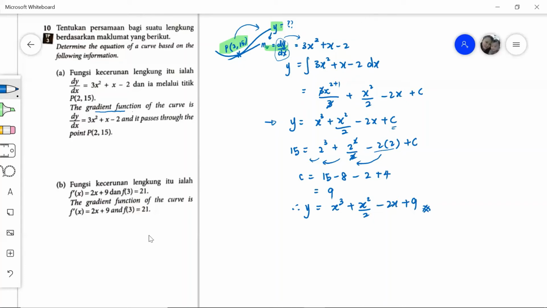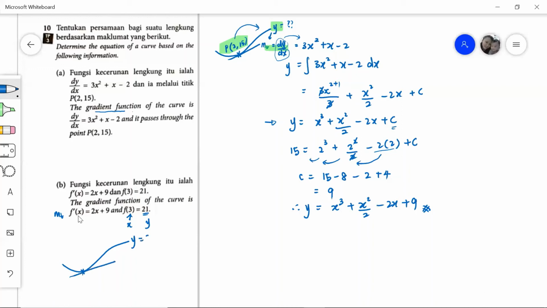Now the next question, part B. The gradient function of the curve is f prime x, which is the gradient of tangent, and we have this. This actually means the object 3 is our x, and this whole thing is the image, which is the y. So same thing, according to my method, I will mark down these three important elements that form the golden triangle.